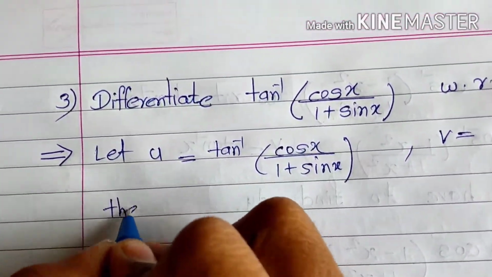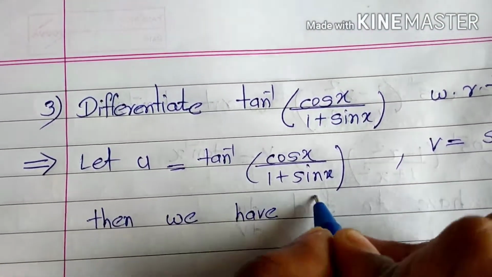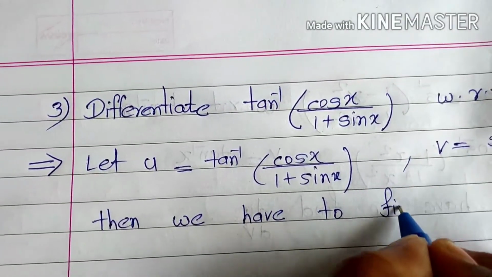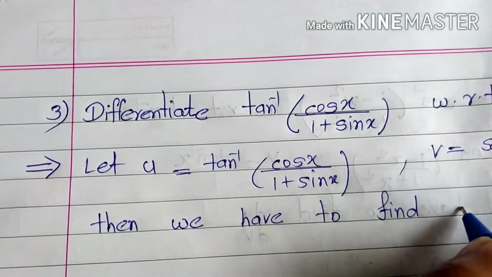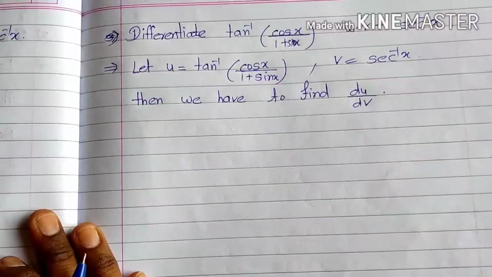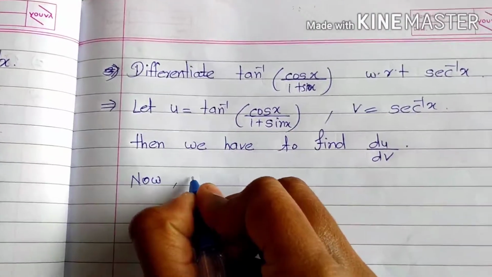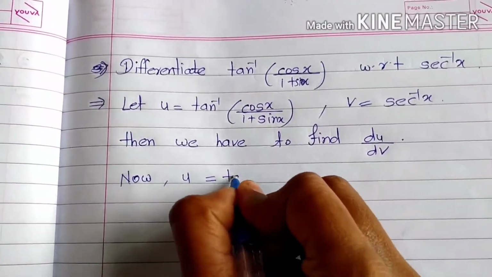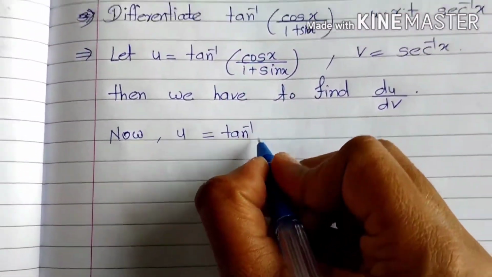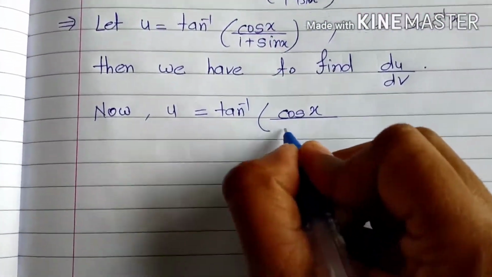Then we have to find du upon dv. Now u is equal to tan inverse of cos x upon 1 plus sin x.